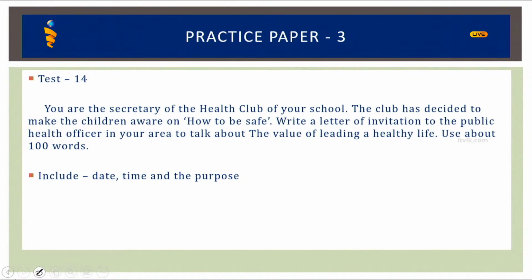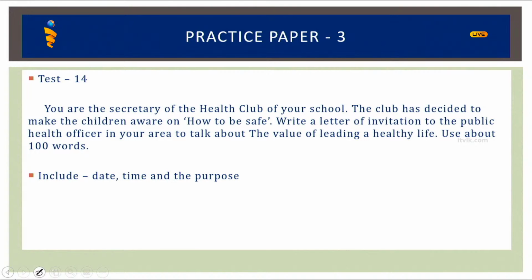So you can underline these important things, right? So you can underline the word secretary. Yes. Health club. The question says, health club of your school. So you can write, if you are from, let's say, D.S. Senanayake College, you can say, health club of our school or D.S. Senanayake College, right?